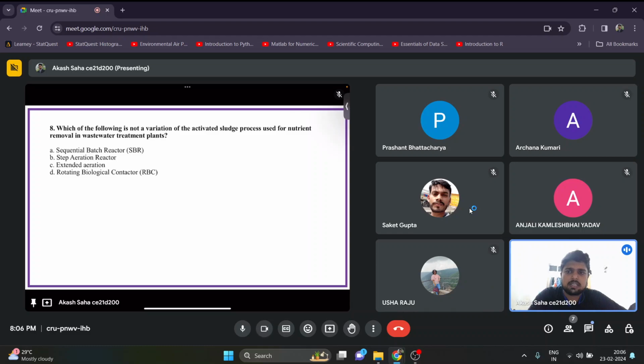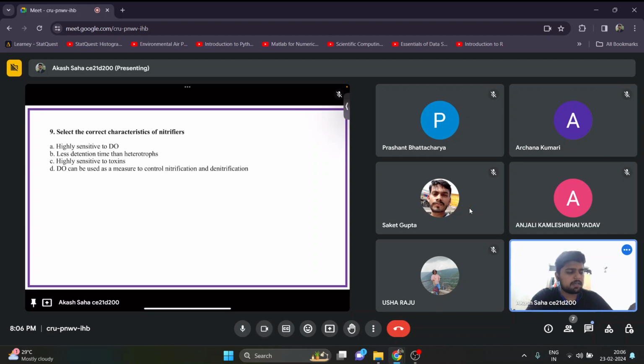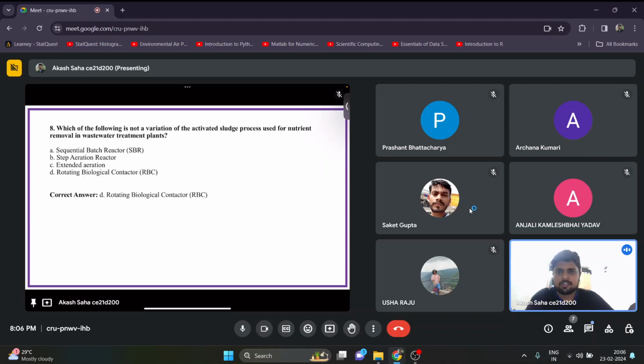Prashant says it's D. Anyone else? So actually, it's right. It's only option D because the other three are very direct variations of the activated sludge process. So only the rotating biological contactor is not a direct variation of the activated sludge process.